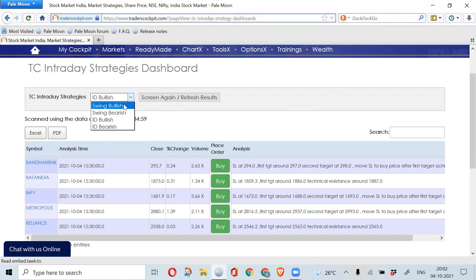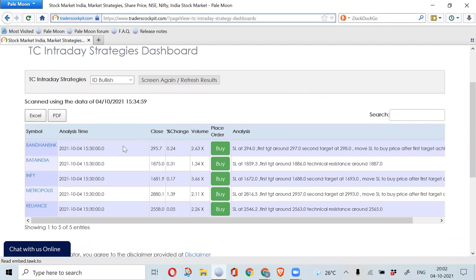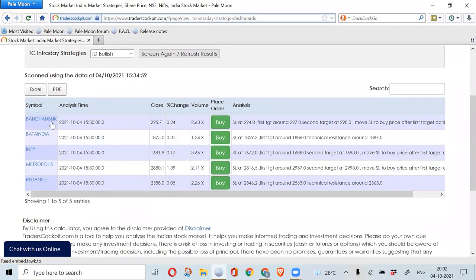We have 4 different strategies: intraday bullish, intraday bearish, swing bullish, and swing bearish. We can select our own strategy according to the requirement and look for the results, starting from morning 9:30. In this ready-made dashboard, you can see the list of the stocks here, provided with the analysis time.